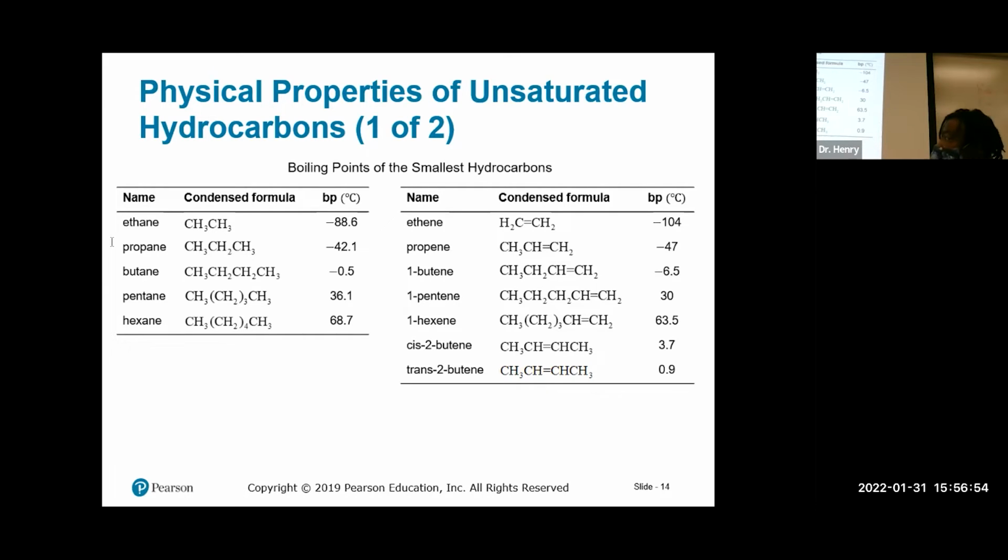Then when we look at the cis 2 butene and the trans 2 butene, the trans 2 butene has a lower boiling point than the cis 2 butene.